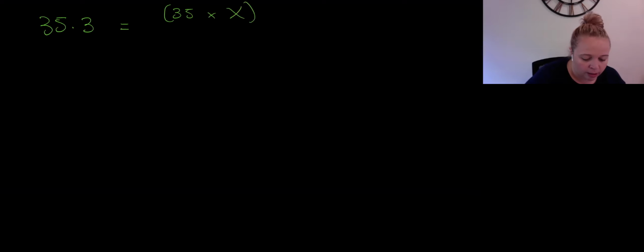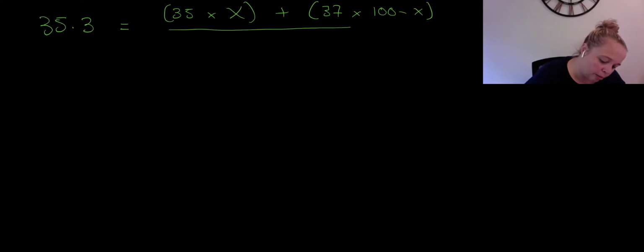So we know that the AR is 35.3, and that's going to equal 35 times X plus 37 times, sorry, wrong way around, times 100 minus X. Okay, and all of that is going to be over 100.